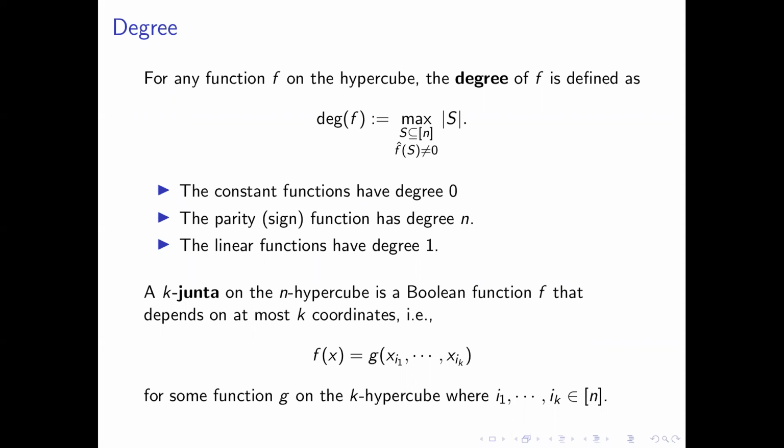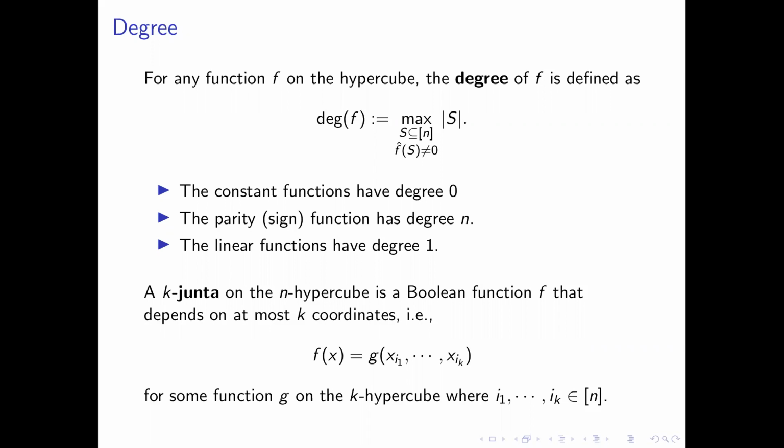This means that I have n coordinates, and if I want to completely express the Boolean function f, I just need to consider a subset of the coordinates. In other words, I can find some function on a smaller hypercube, a k-hypercube, so the function is determined completely by these k coordinates, i1 through ik.